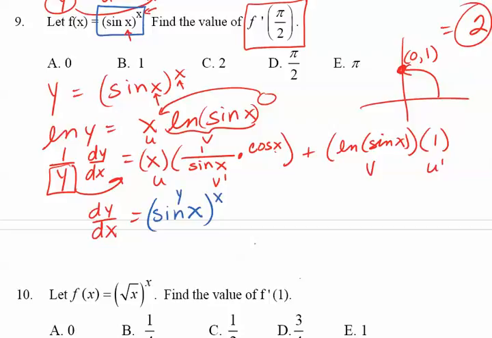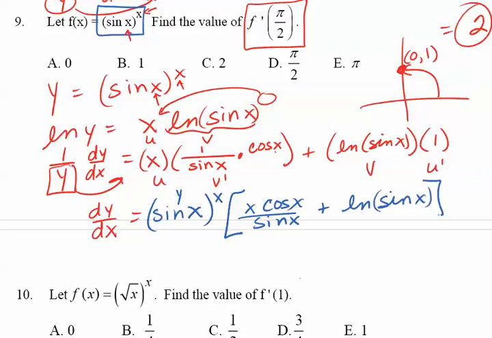So that's taking the place of multiplying by y. All right, and then we had x cosine of x over sine of x plus natural log of sine of x. Okay, so now we want to do this f prime, dy dx is f prime at pi over 2.